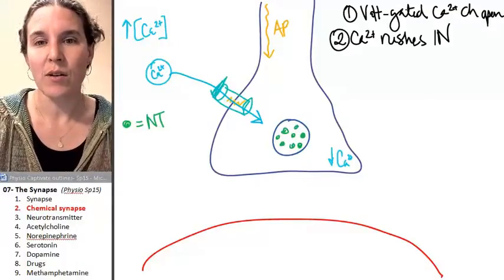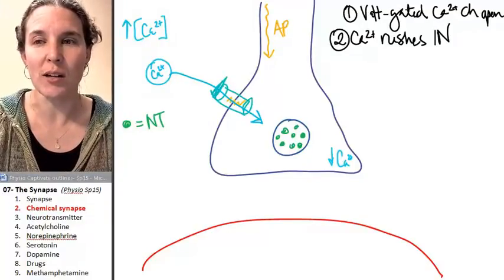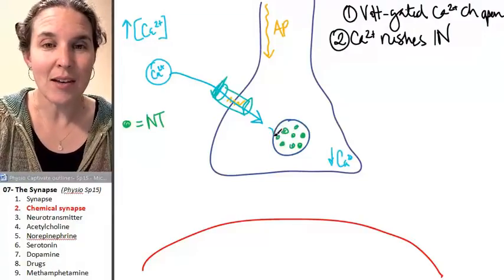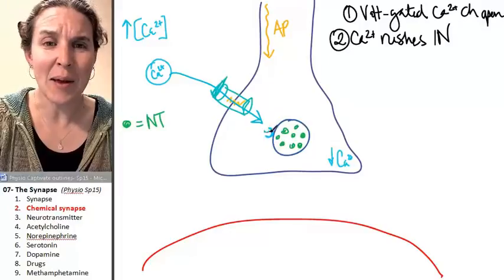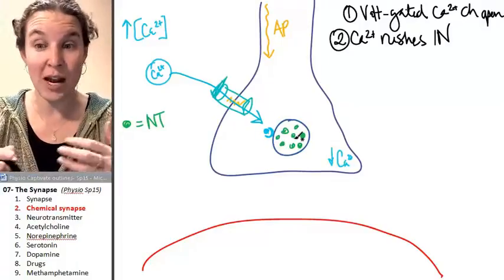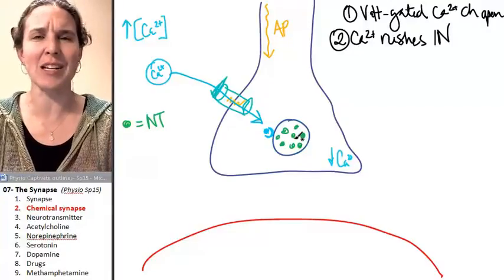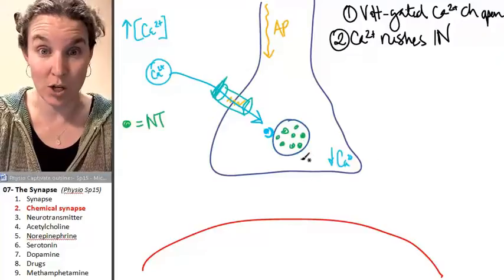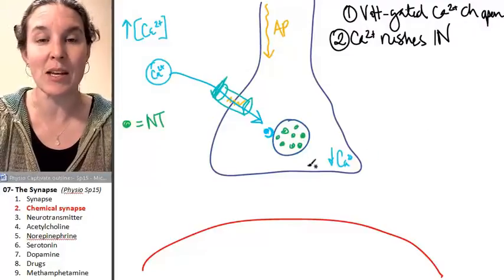Now, through the magic of chemistry, the calcium, I don't know the mechanism of this. The calcium comes in and somehow stimulates some kind of chemical reaction, some kind of shape change that happens, and I guarantee someone somewhere knows the exact mechanism of this.